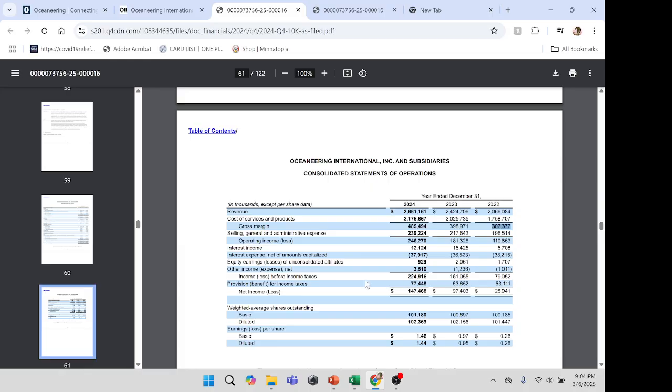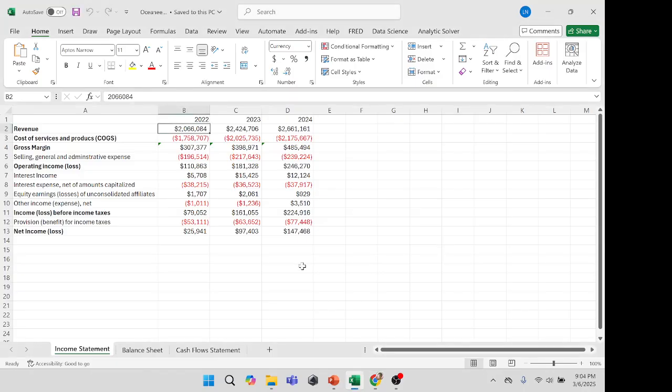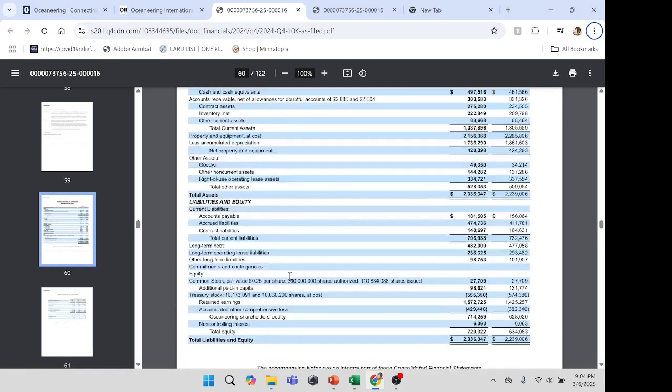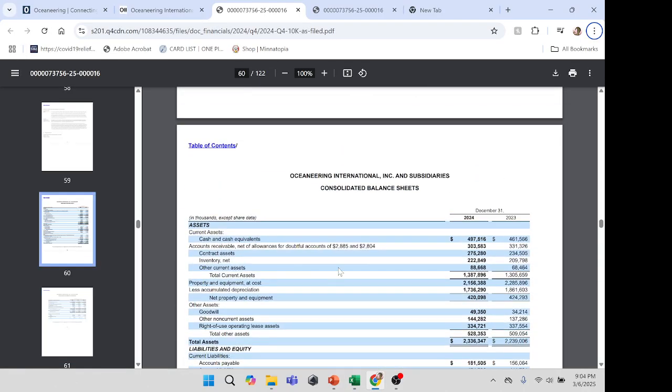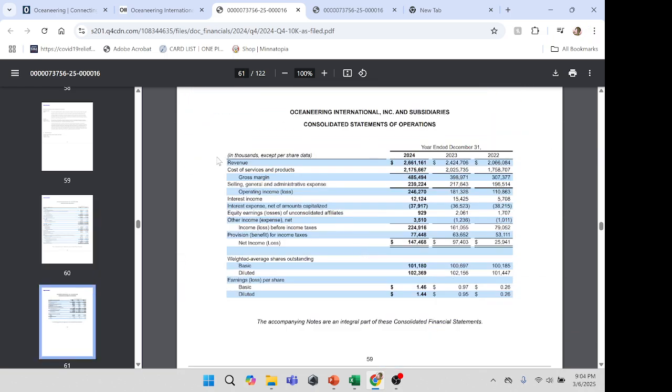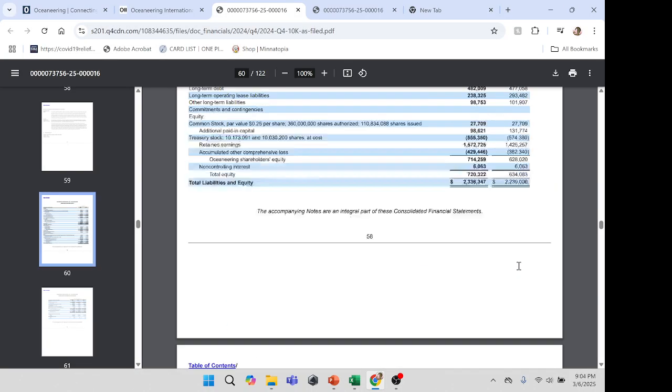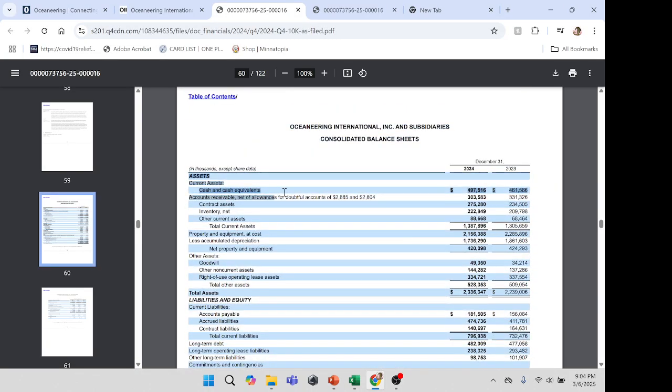All right. Then let's say, why are the 3 financial statements important? So the income statement is showing the profit of a company. The balance sheet is showing the structure of a company.